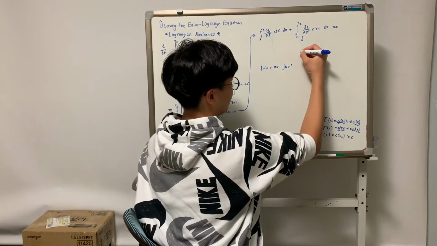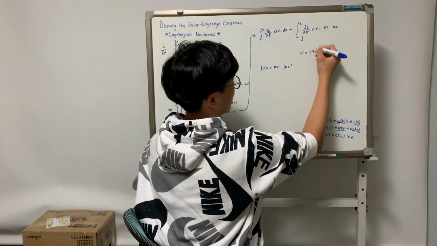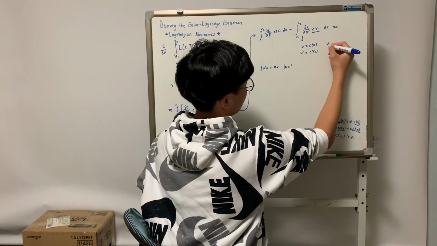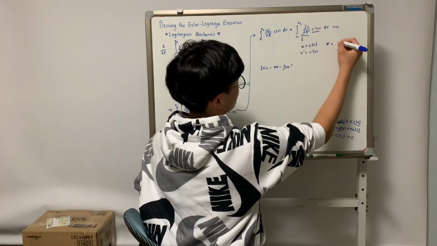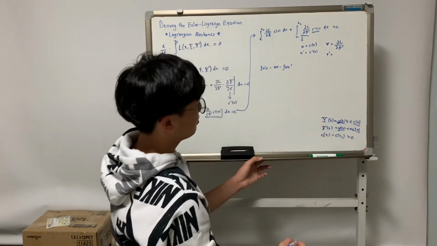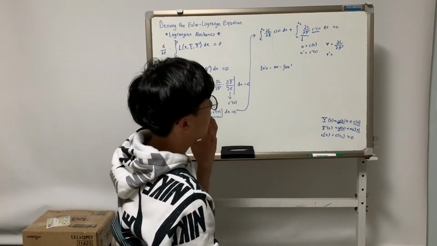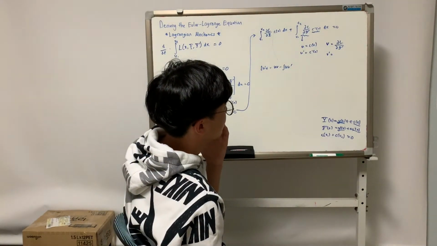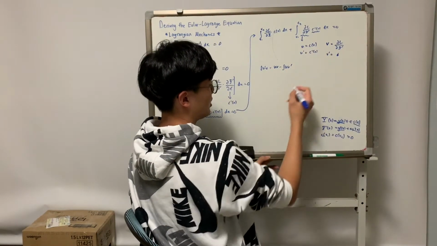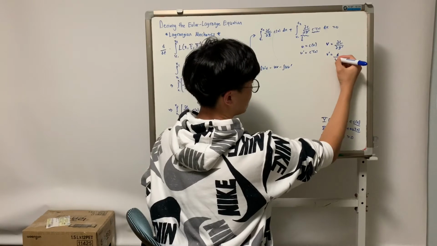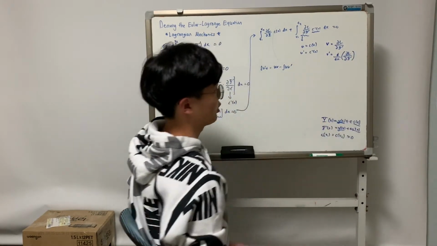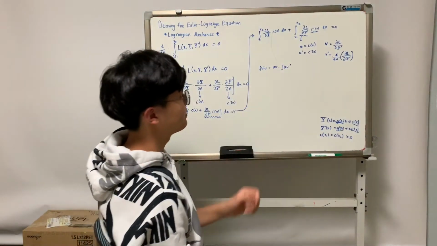So u will be equal to c of x, and then we're going to set v as the partial L over partial y prime, and v prime therefore would be, because prime here we assume that we're differentiating in terms of x, d over dx of partial L over partial y prime. That's what we're going to get for v prime.